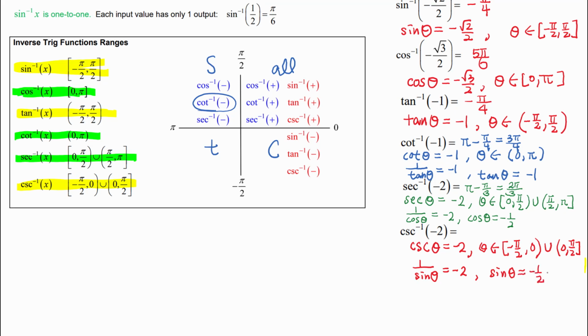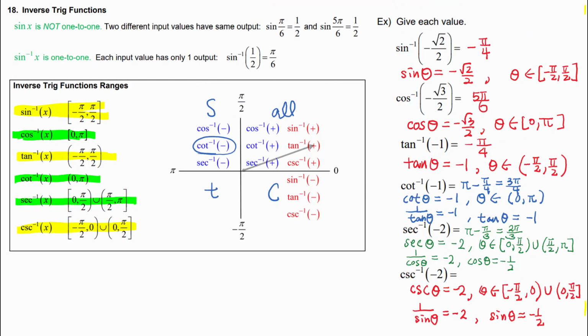And we know sine of pi over 6 is 1/2. Now I need to find a negative angle theta such that sine theta is negative 1/2. So therefore, sine of negative pi over 6 must be negative 1/2. So the answer is negative pi over 6.